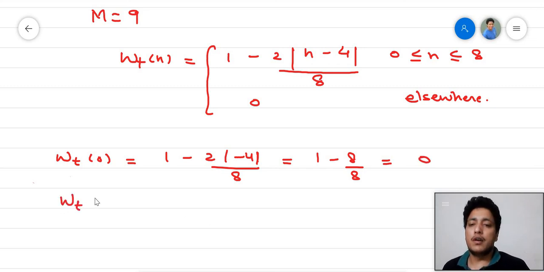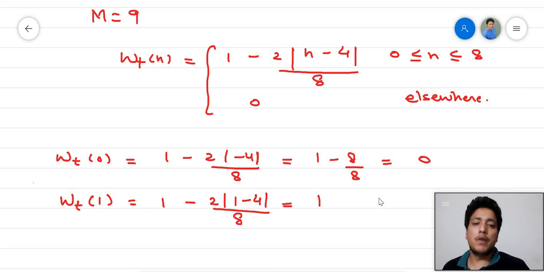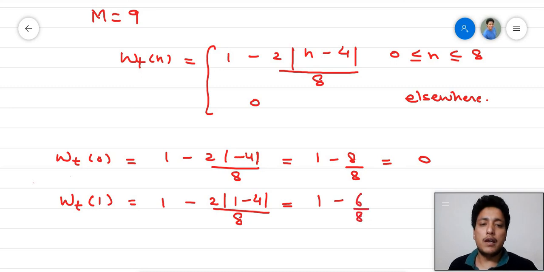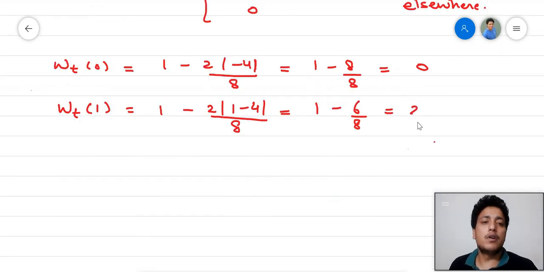Then w_t(1) will be equal to 1 minus 2 times (1 minus 4) by 8, equals 1 minus 6 by 8, which gives 2 by 8, that is 0.25.